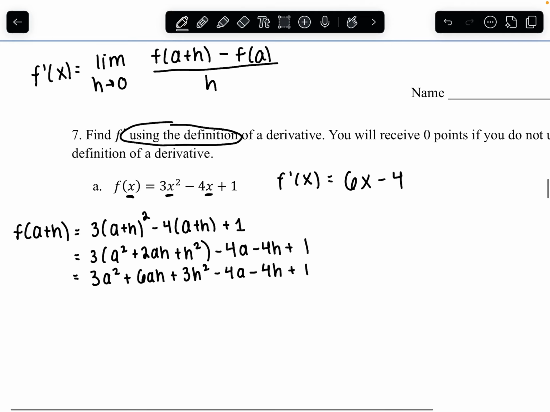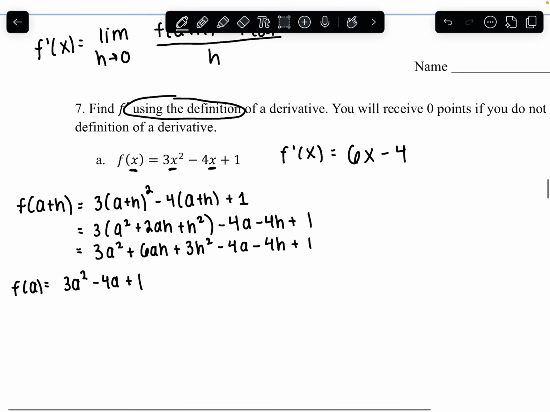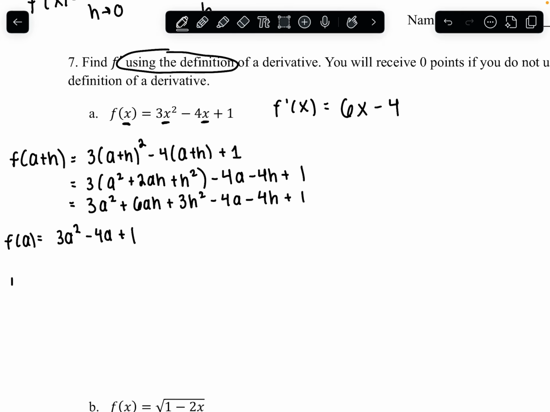Okay, and now we need f of a, which is going to be the same thing as f of x, but just replace the x with an a. So we'll have 3a squared minus 4a plus 1. Okay, now we're ready. So f prime of x is going to be equal to 3a squared plus 6ah plus 3h squared.